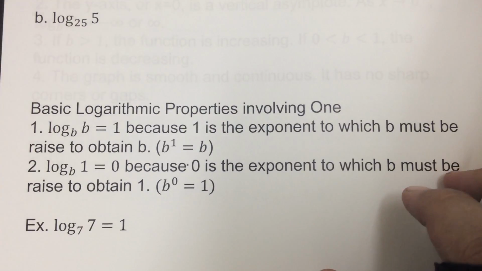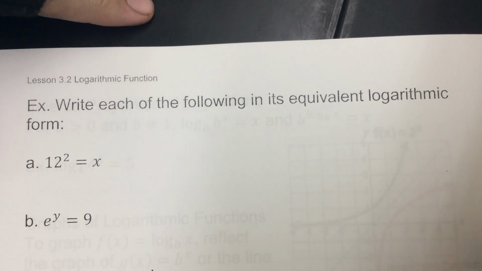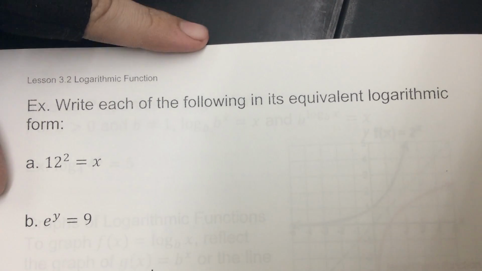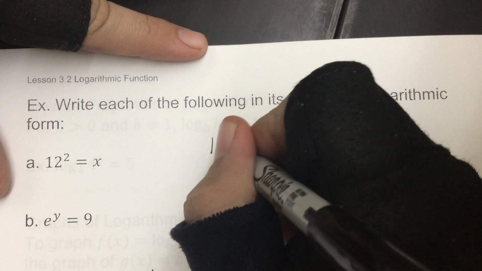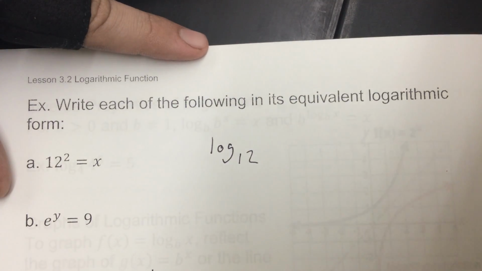We're also going to go from exponential to logarithmic form. So if you look back up a little bit further there, our base b is going to be the big number that we're raised to that power.